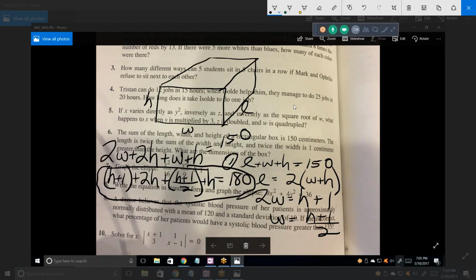Once I solve for H, I'm going to be able to solve for W. And once I solve for H and W, I'm going to be able to solve for L. So just like any time you have 3 equations and 3 unknowns, your first goal is to solve for one of the unknowns, and then work your way backwards to solve for the other 2.